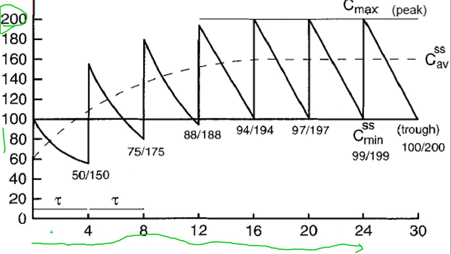So this is the time in the unit of T half. No, it is in the unit of hour, but we have plotted only the T half life, which is equal to 4 hours. Okay, so this is time.